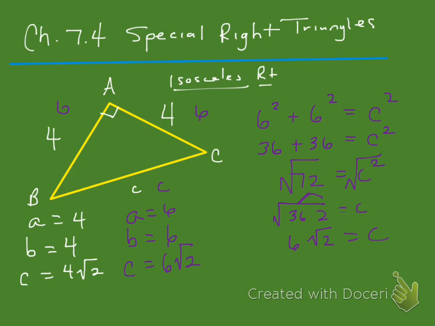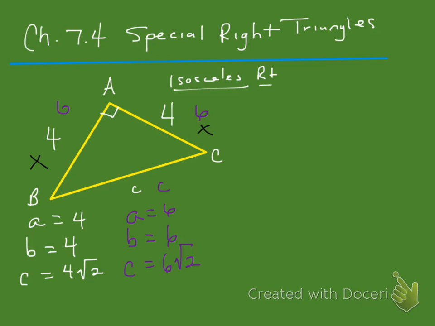So you should be able to start seeing a pattern now, because that's where our shortcut is going to come into play, by using this pattern. So I'm going to erase this and set it up generically one more time. Let's do x, x, and this is still c, right? So last example, I'm going to have x squared plus x squared is equal to c squared.